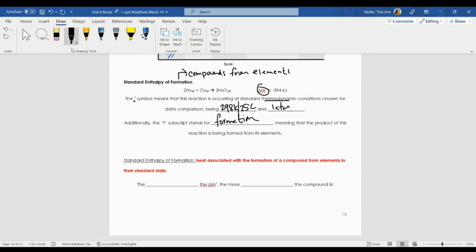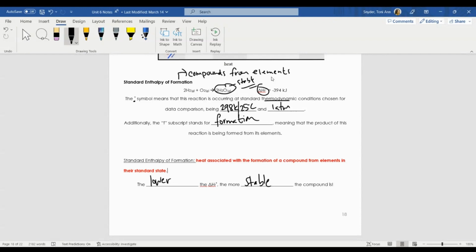And here's something to consider. The lower the heat of formation, the enthalpy of formation, the lower the delta HF, the more stable the compound is. So for example, in the process of producing water, this is a very low heat of formation. It's way below 0, okay? So this water molecule is very stable. Water likes to exist because it releases a lot of energy in that process.